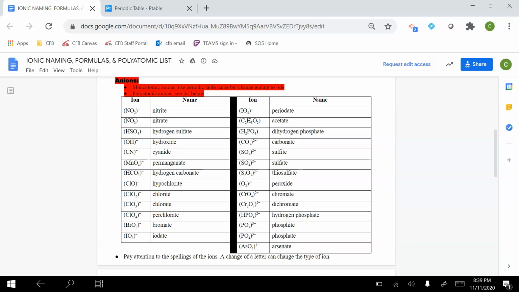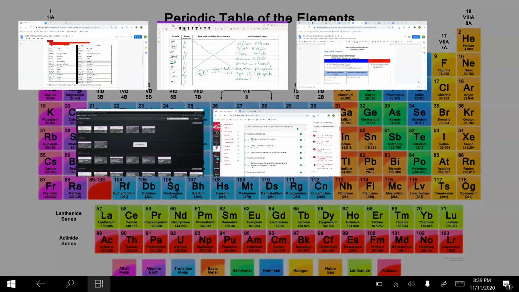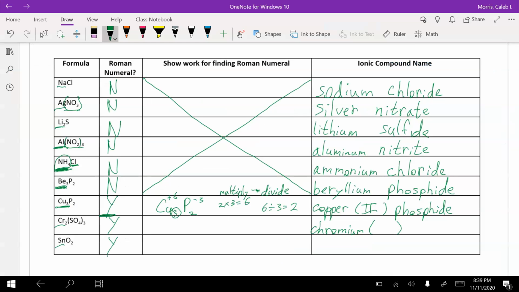Pay attention, SO3 looks the same, but it's sulfite. SO4 is sulfate. It's a good thing we don't have to memorize them, right? You don't have to memorize these yet, not this year, but you do want to be familiar with the fact that there are some that look very similar. Sulfate. So SO4 is sulfate.